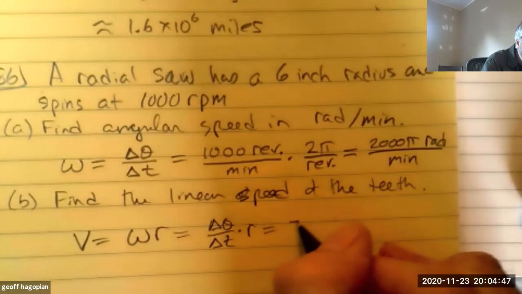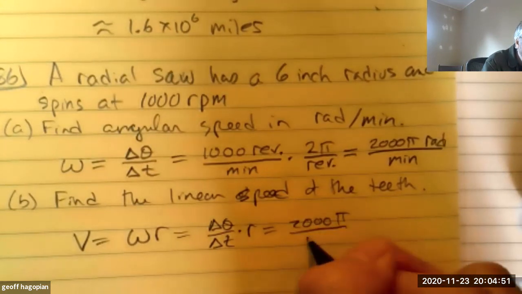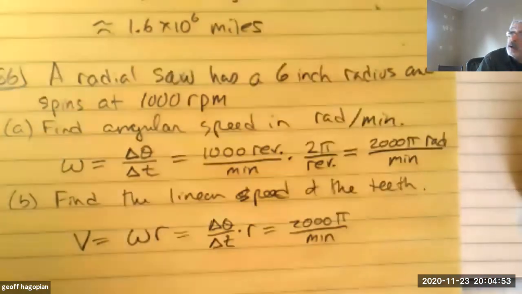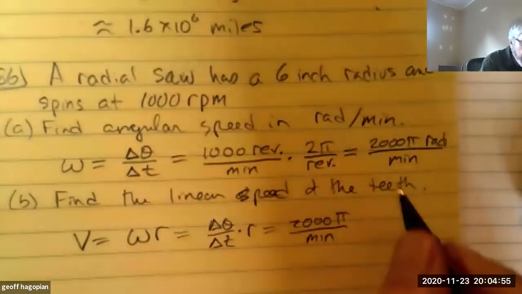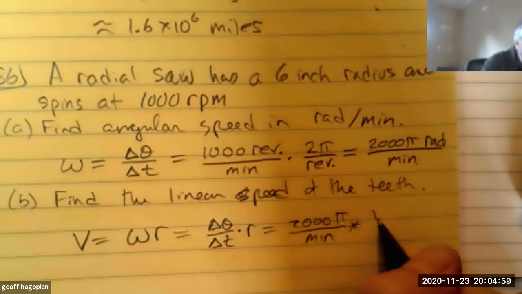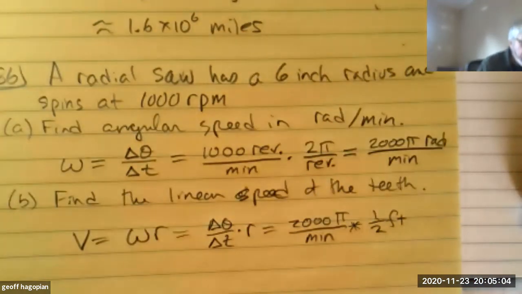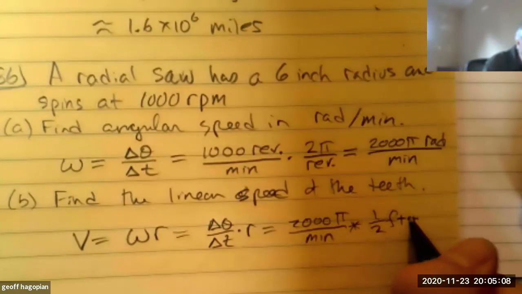So we're going to say 2,000 pi per minute, and they want it in feet per second. So we're going to say times 1/2 foot. That's going to give us the linear speed in feet per minute. Then we want to convert that to seconds.